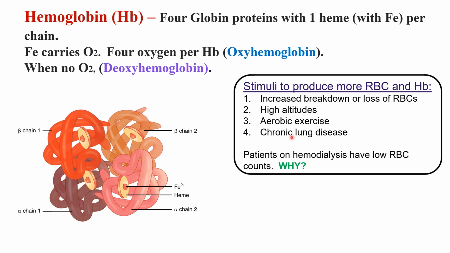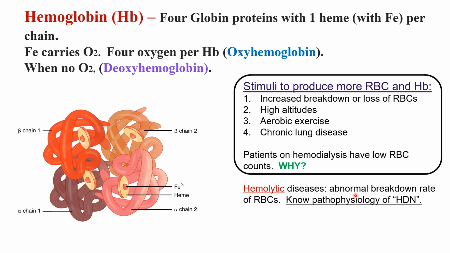And then chronic lung disease, where you have decreased levels of O2, increased levels of CO2 because of inefficiency of gas exchange. So patients on hemodialysis have low RBC counts. Why? Because that process of dialysis does lead to increased destruction of red blood cells, and in some cases a little bit of red blood cell loss in the process of dialyzing that blood.